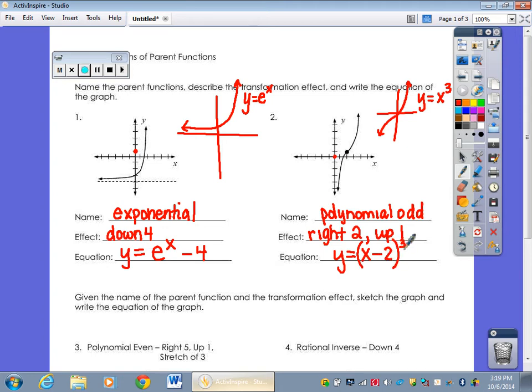Inside parentheses is the opposite of what you would expect, and going to the right 2, you would have expected that to be a plus, but it's not, it's a minus. And then right and left affects inside the function, up and down affect outside the function. So now that this has gone up 1, it's exactly what you expect, and we're going to do a plus 1 outside of the function. Don't forget your little 3 up here, because that's what's going to tell us that it was a polynomial odd. So it's got to have that little 3rd right there.